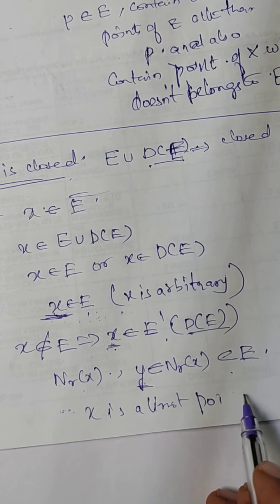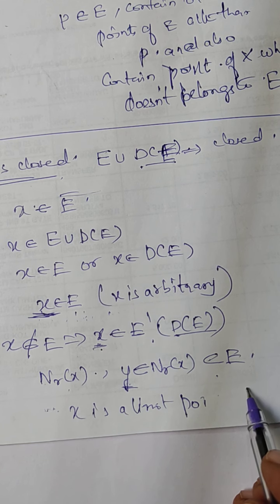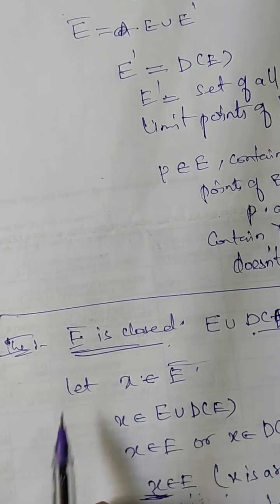Since it's a limit point, we get that E closure is a closed set.